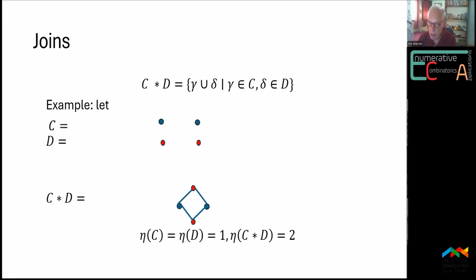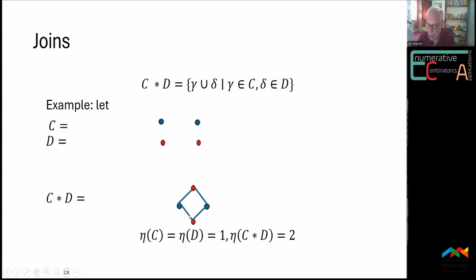Here's an example. So C is just these two disconnected points. C is disconnected, the blue guys. And D is the red guys, also disconnected. C star D, the join, is this. You put these two guys in C and these two guys in D and take all possible unions, all four unions, and you get a C4.